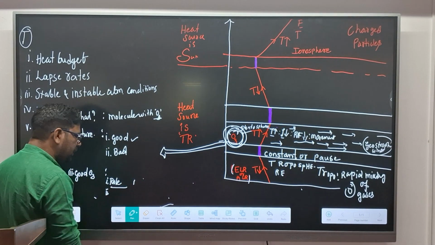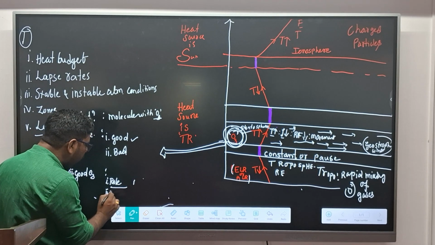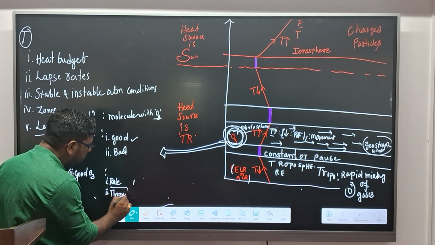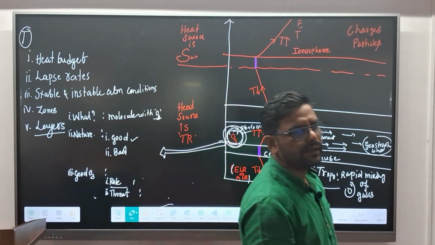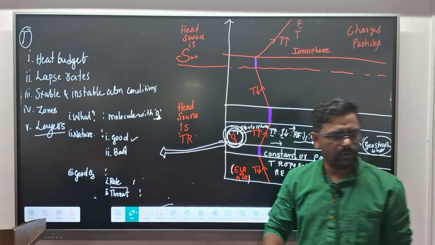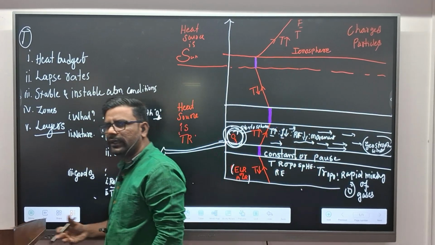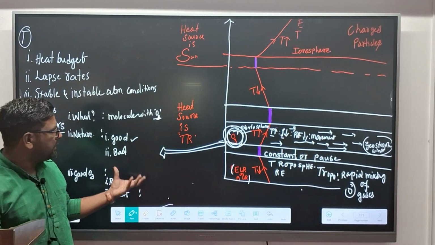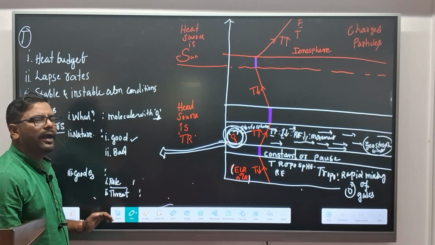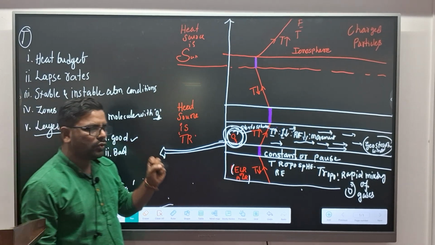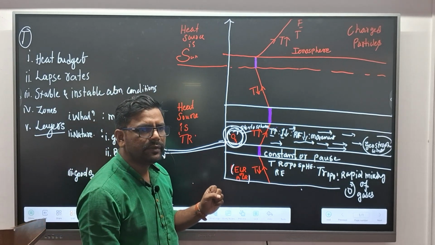Next, what we have to know is the threat, that is, what threats are actually there to our O3. But before that, one thing you can add: where do you find the good ozone, in which layer?